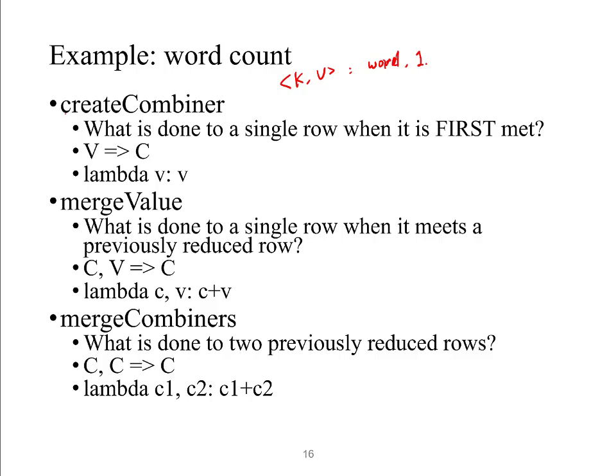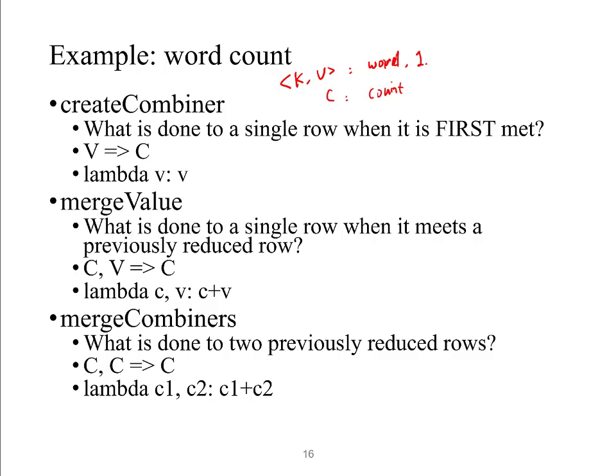For create combiner, we should first decide what C is. C would be the count, the count of the word or the occurrence of the word. It is better to have a general idea of how to get from V to C before we start to write the three functions.